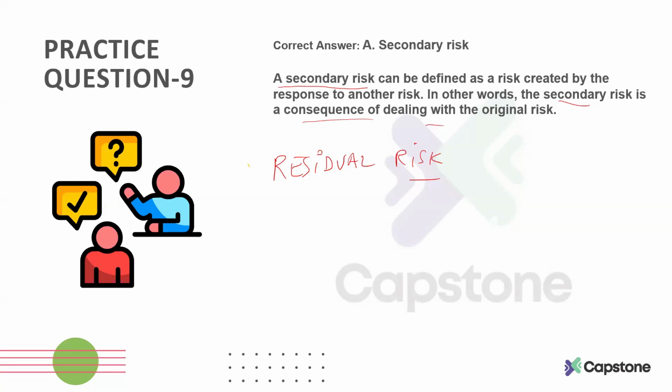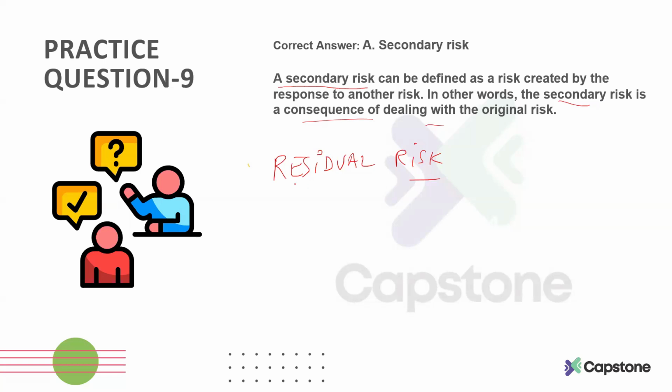Or it may also be the case that dealing with that residual risk has some cost associated that is higher than the actual consequence of that particular risk. So in that scenario also, you do not have any plan for those residual risks.